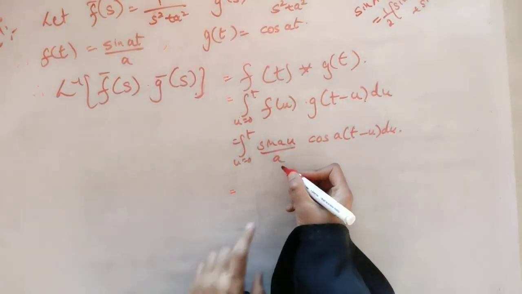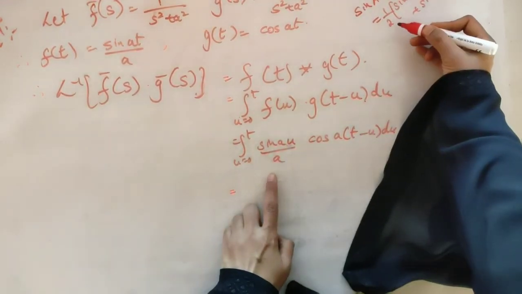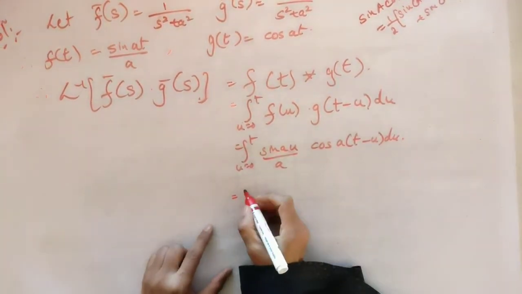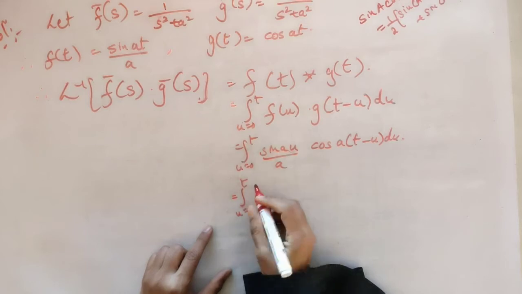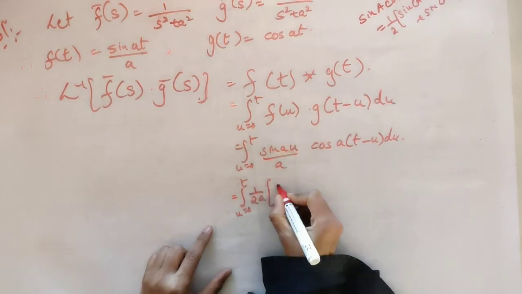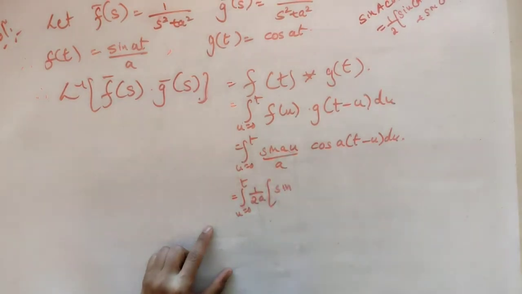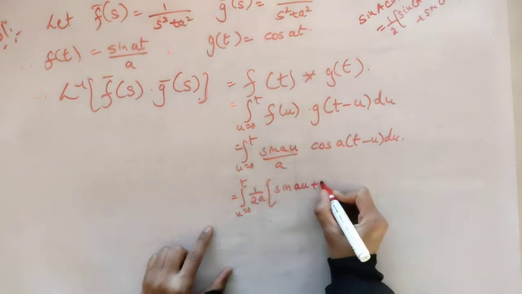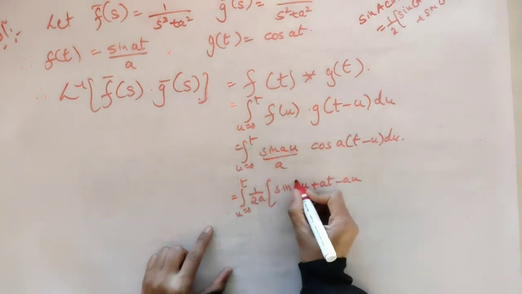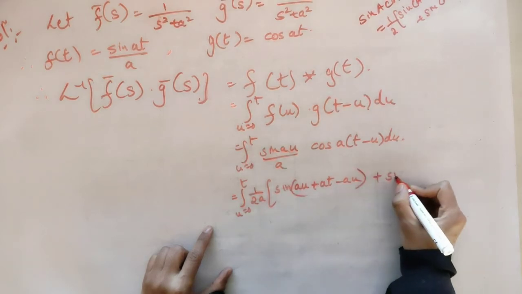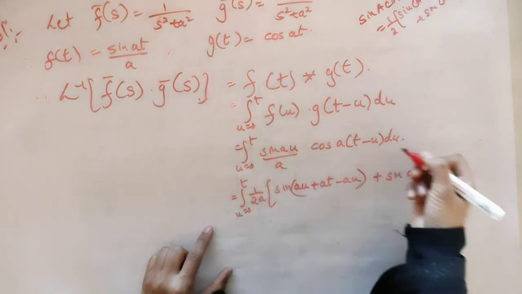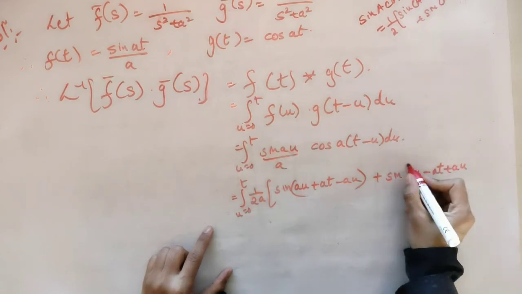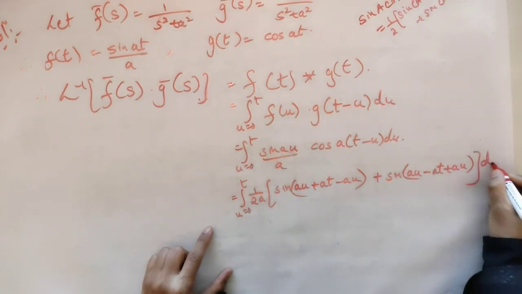You will have already, there is one a in the denominator. Half of that formula becomes what? It is 1 by 2a. So integration u going from 0 to t, 1 by 2a sine of au plus at minus au plus sine of this term minus this term, that is at plus au, complete that square bracket du.